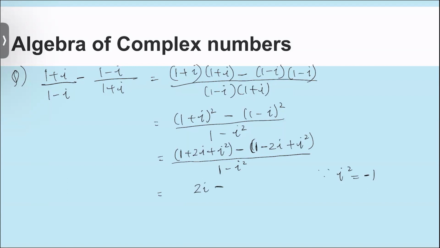This remains as 2I. And similarly over here, I squared becomes -1, so you will get 1 plus 1, which is 2. Okay, so over here, this becomes the addition, so you have 2I upon 2. So what you are left with is I. Okay, so this is your answer.